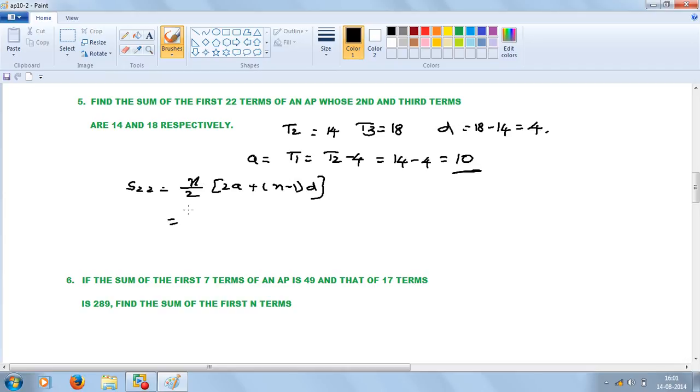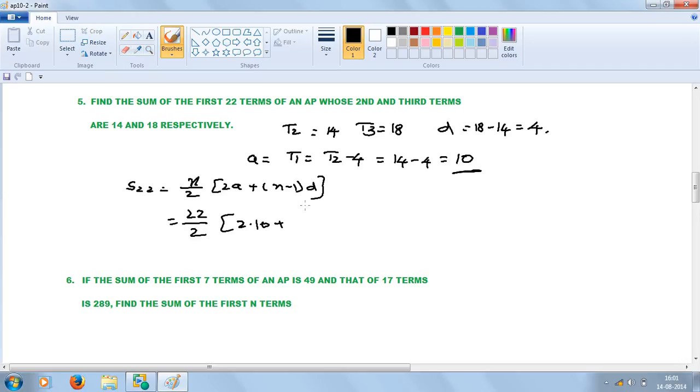So n is equal to 22 divided by 2 multiplied by (2A, A is equal to 10, so 2 multiplied by 10, plus n minus 1).